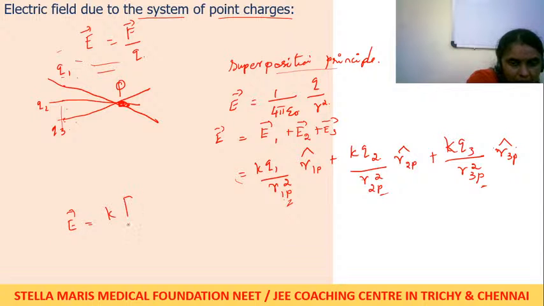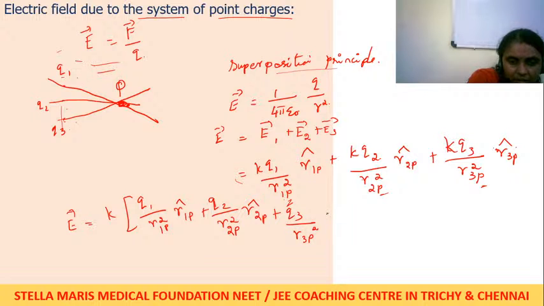So K into Q1 divided by R1P squared R1P cap, plus Q2 divided by R2P squared R2P cap, plus Q3 divided by R3P squared into R3P cap.